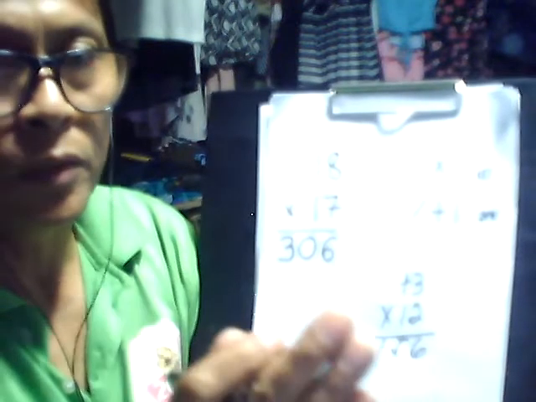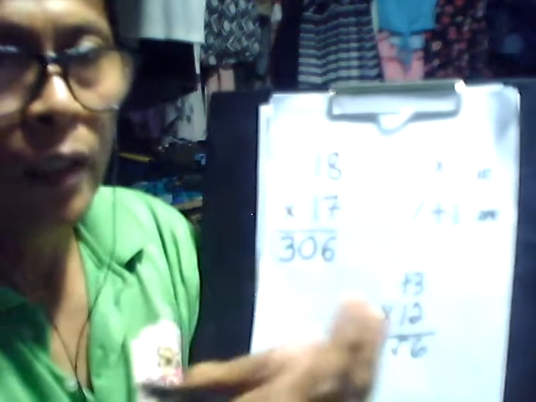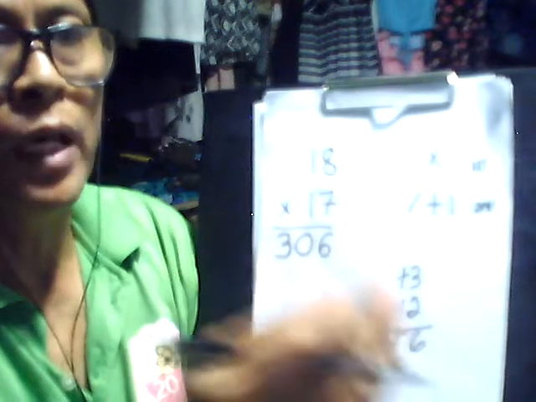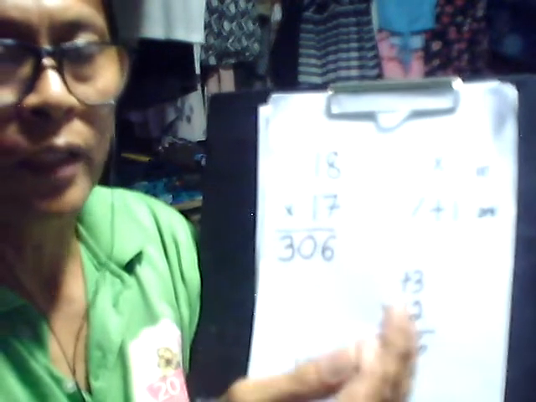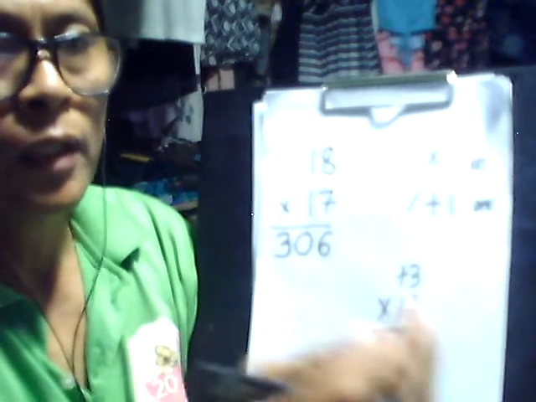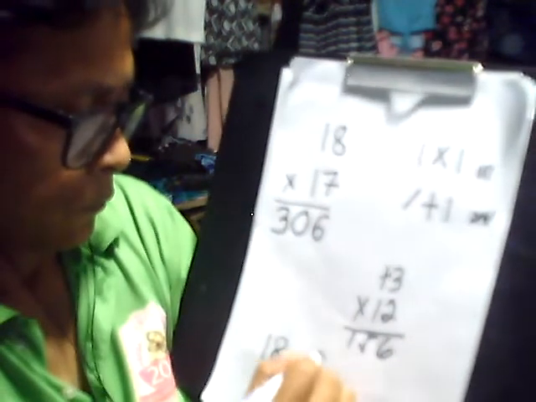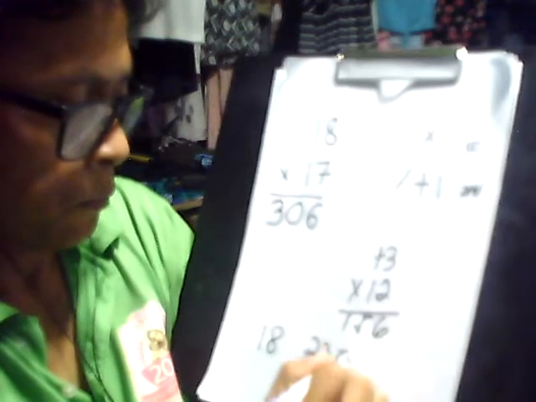And since you are multiplying 1500 by 1500, you add the four zeros, so 225 plus 40.